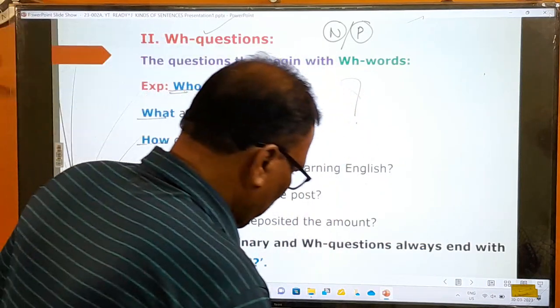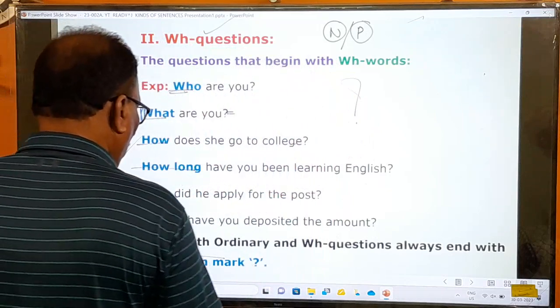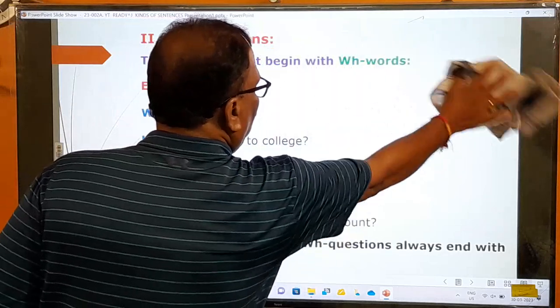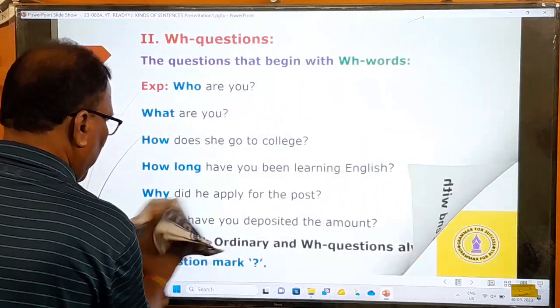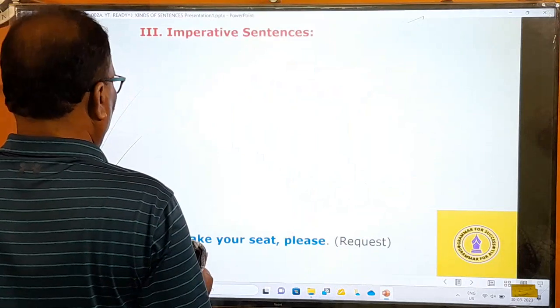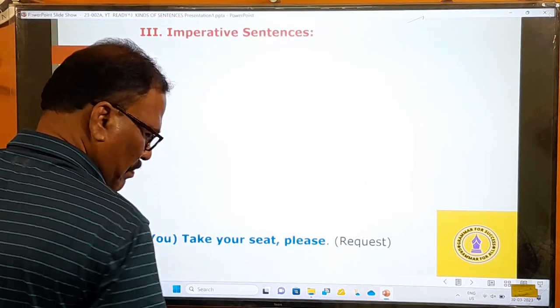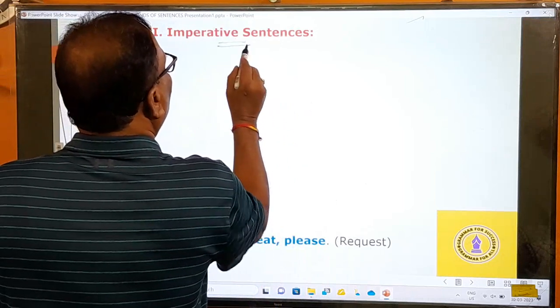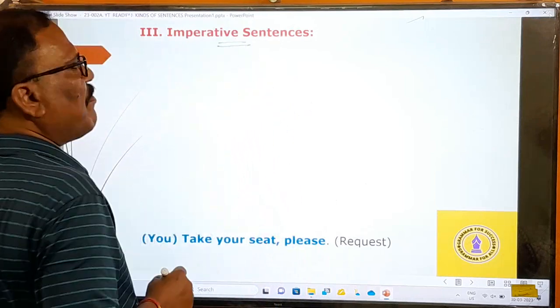Now, this second kind of sentences is imperative sentences. Imperative sentences means what?